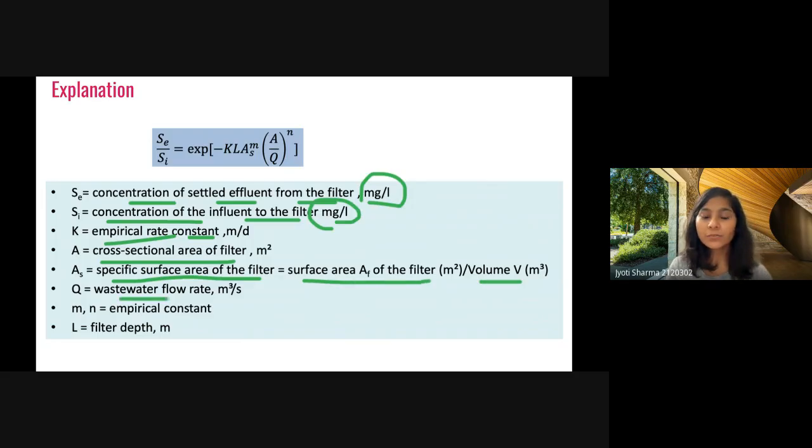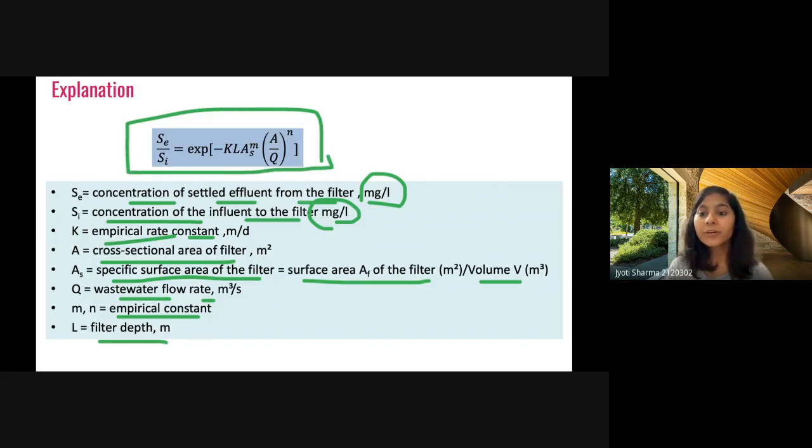Q is your wastewater flow rate, N is an empirical constant, and L is your filter depth. Based on that, you can tell the performance of your trickling filter, because this is the BOD after treatment and this is the BOD before treatment, and this is how we can calculate the performance of your trickling filter.